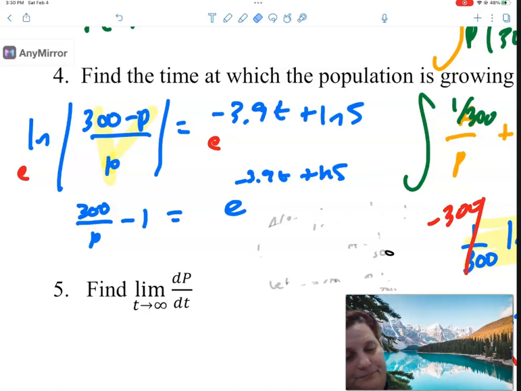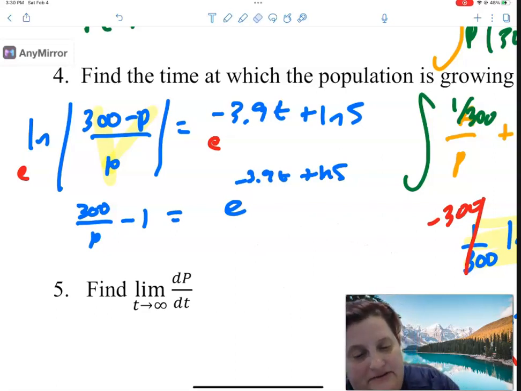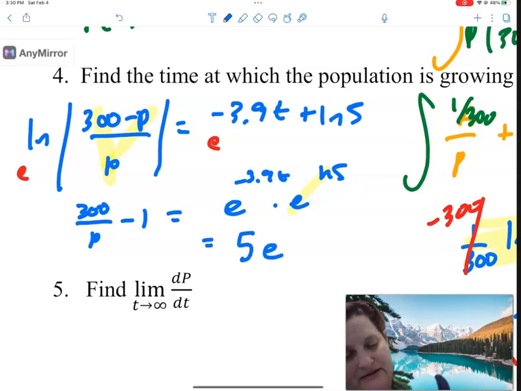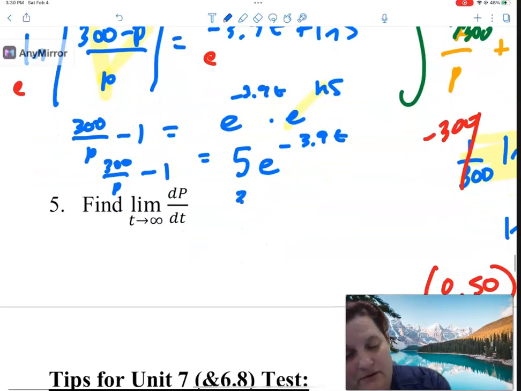I'm getting rid of that, okay? But if you remember, instead of saying plus ln 5, it's the same thing as times e to the ln 5, and e to the ln 5 cancels. So it's 5e to the negative 3.9t. I add 1 to both sides, 1 plus all of that.